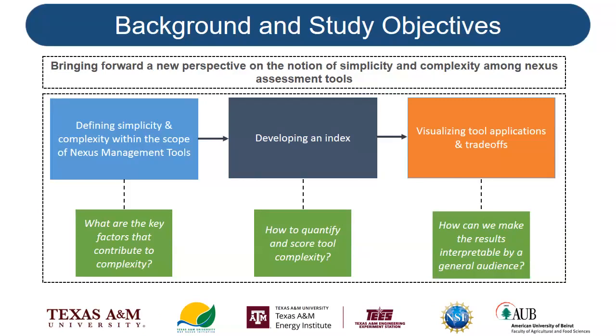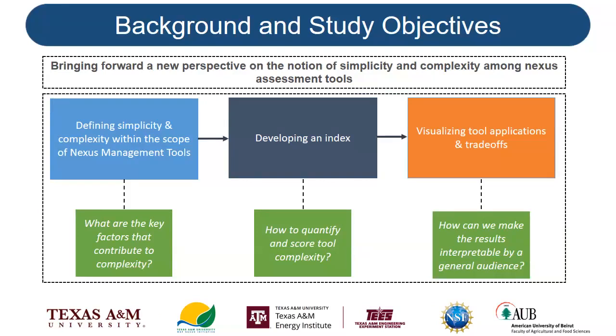What this paper specifically tries to identify is some key factors that contribute to the complexity versus simplicity of a tool. One of the main objectives is defining that complexity in the context of criteria that contribute to that metric.